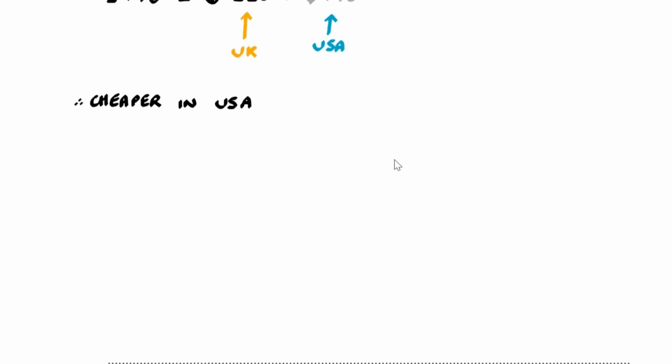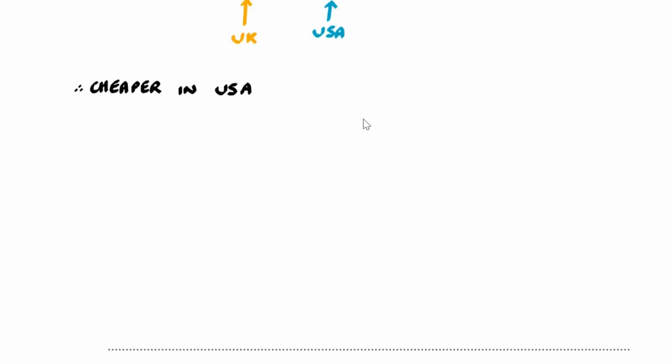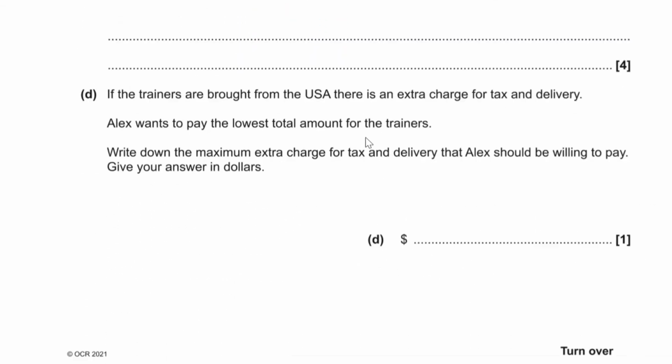And it should be straightforward that when I compare these two amounts, there is a difference of $25. So the maximum we can pay then will be $24.99. We still want it to be less than our UK price, and this is the maximum amount that it can be from the USA.